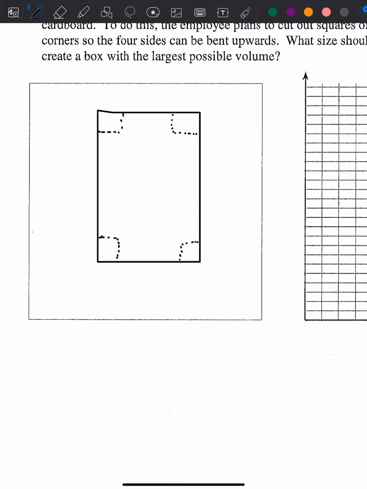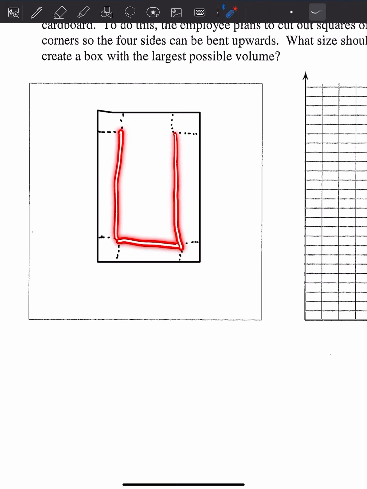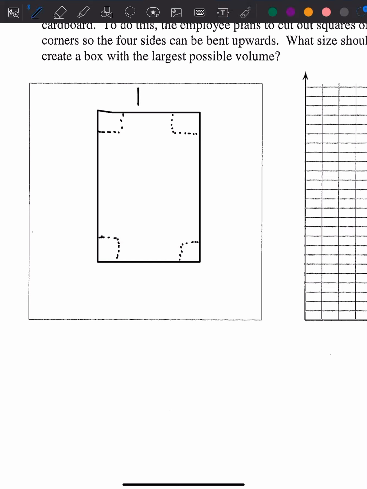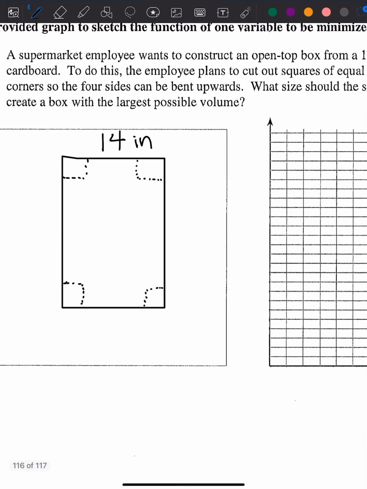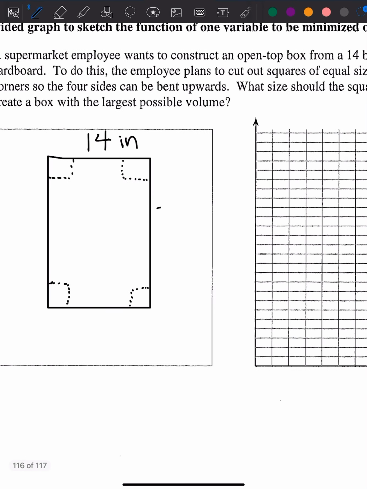What this is going to do is if we were to fold up our sides here, so if I were to fold right here, right here, right here, and right here, and push these pieces upwards, it's going to create this box. So things that we know about our box, we have a side that is 14 inches and a side that is 30 inches.